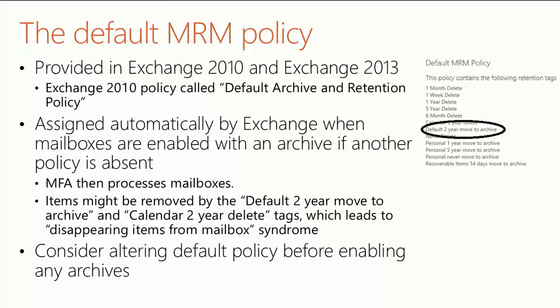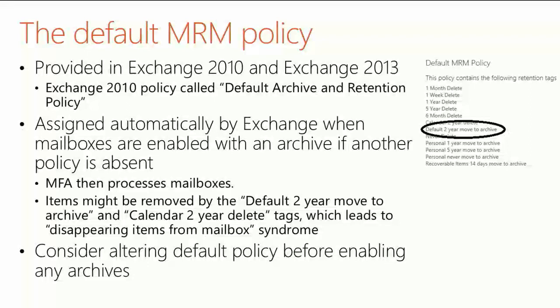The big issue you've got is this tag that exists in the default policy. See what it says there? Default 2-year move to archive. That means that you have now just stamped this mailbox with a policy that calls for every item older than 2 years to be moved into the archive.